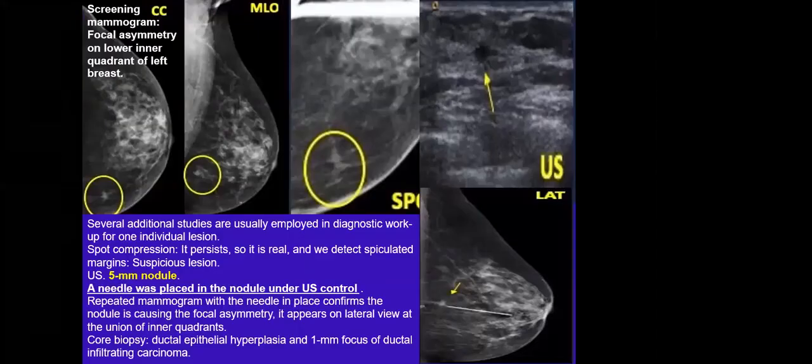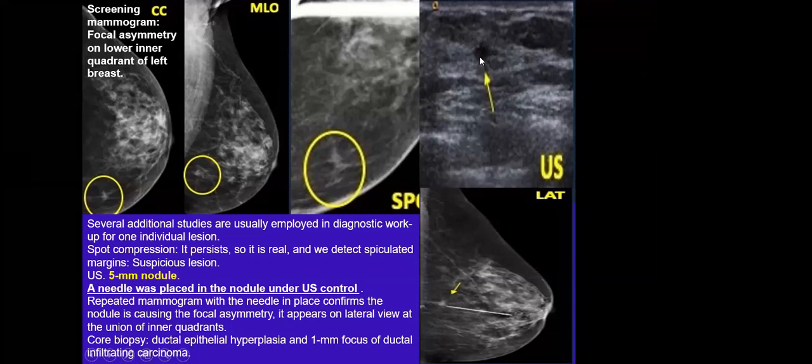Okay, so this patient, she has focal asymmetry on screening mammography in the lower inner, on spot magnification, even it appears a little bit irregular and with some spiculations. And ultrasound demonstrates 5 millimeter nodule.